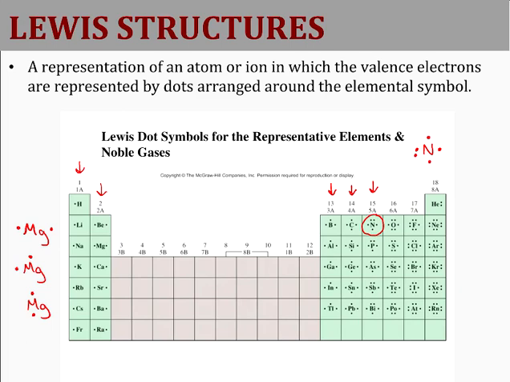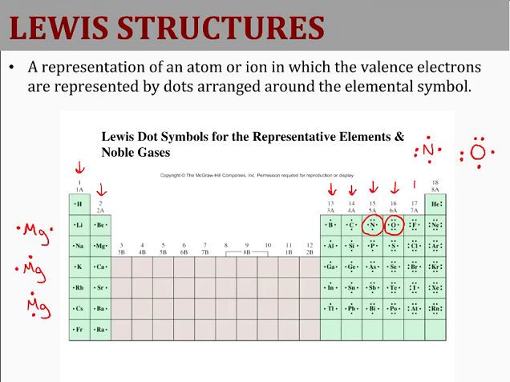And then in group 6A, we're going to have to pair up yet another set of electrons. If we have 6 valence electrons, we start with 1 electron on each side, and then we start to pair them up, maybe pairing the one on the top and the one on the left-hand side, and then we keep going.